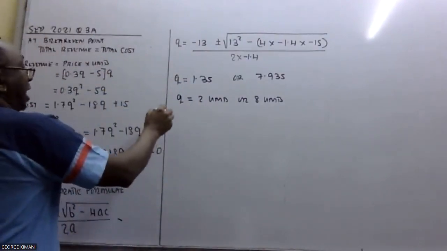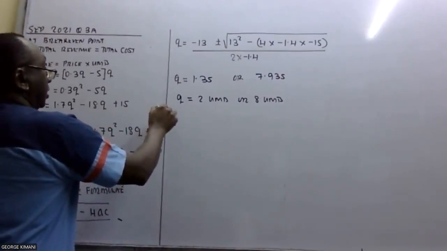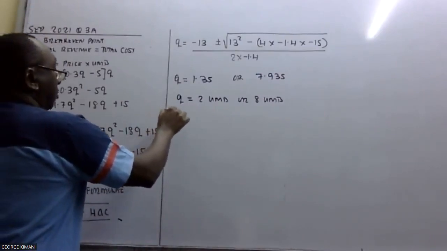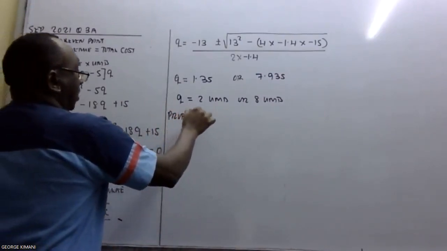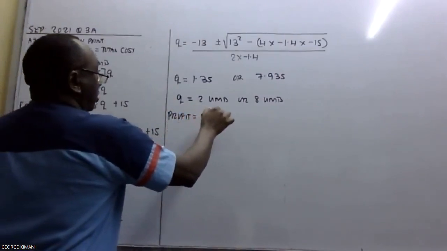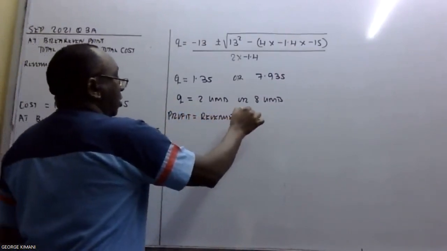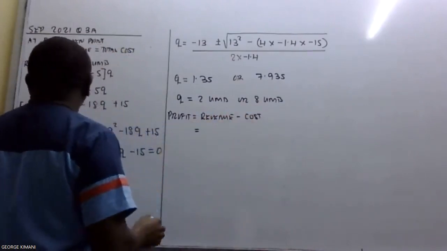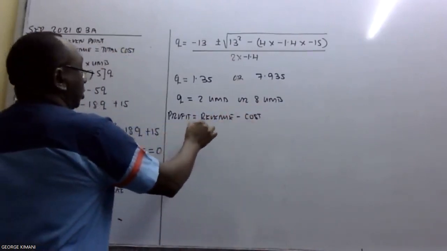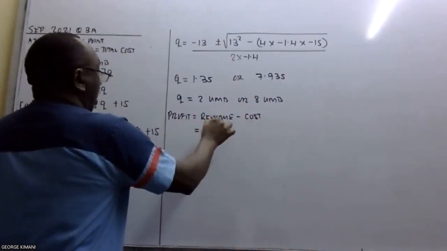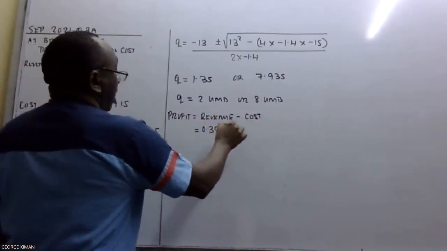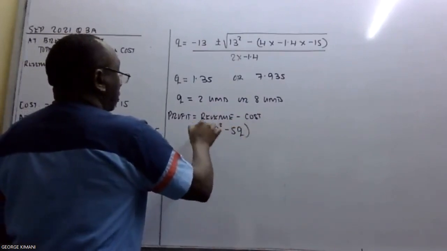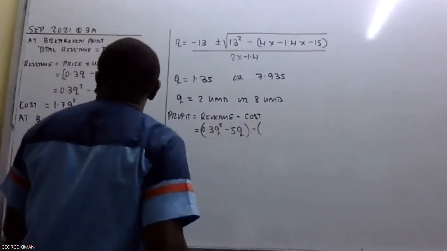So you need to come here and say profit. Profit is revenue minus cost. The revenue is 0.3Q squared minus 5Q. You minus the cost.